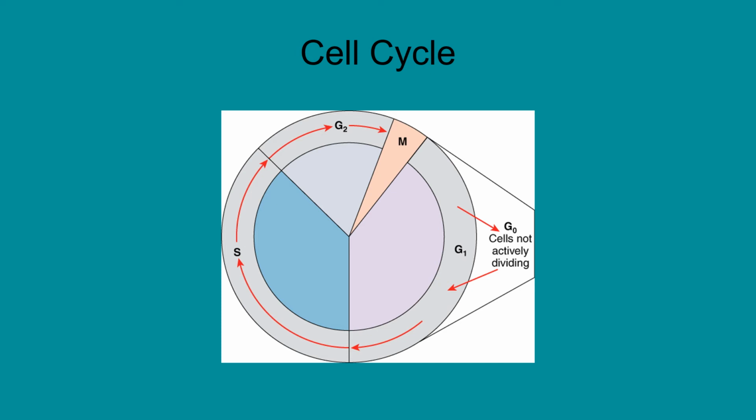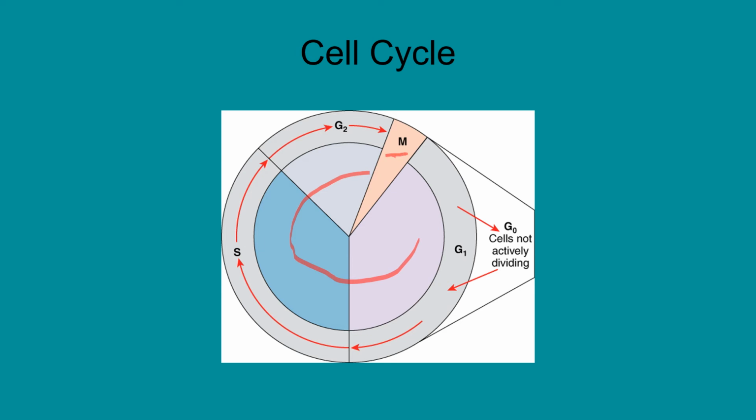So as you can see on this drawing right here, you have a brand new cell. This is all interphase, this gray area. And you can see that tiny little piece of the pie right here, the M. This up here is the mitotic or the M phase.